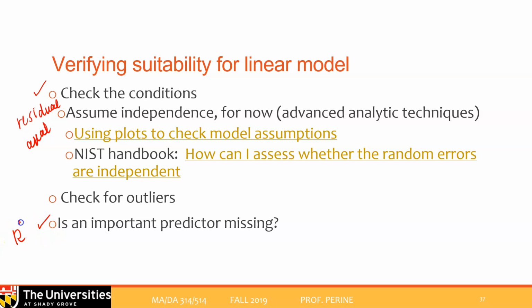R squared tells us how well our current model works. We've got y hat equal to beta sub 0 plus beta sub 1 x, so we're using x as a predictor of y hat.